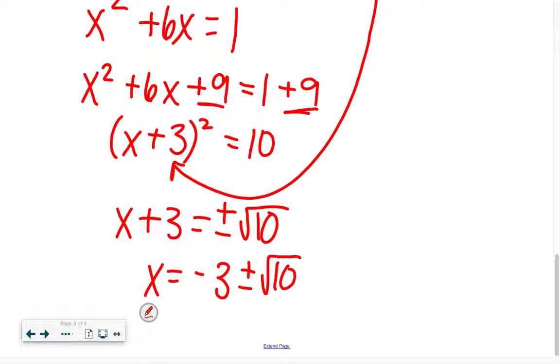If you want to figure out what the square root of 10 is, add and subtract it. Just leave your answer like that. Okay. Is that okay? Let's do a couple more examples.